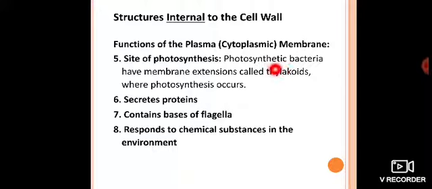Photosynthetic bacteria have a membrane extension called the thylakoid, where photosynthesis occurs. Now a few bacteria have a photosynthetic nature. If they have a photosynthetic nature, it means they require the photosynthesis process, and for that process they require a thylakoid.